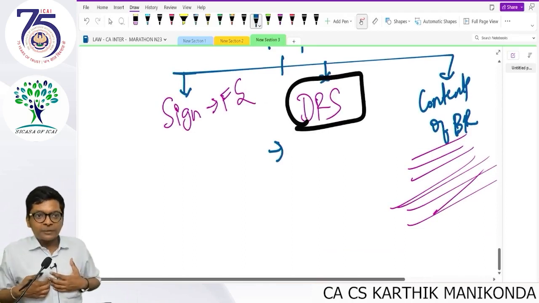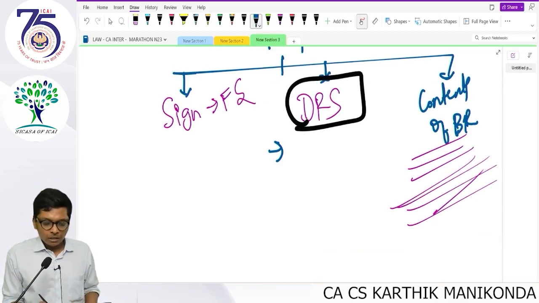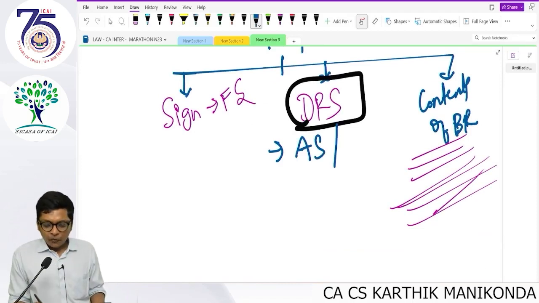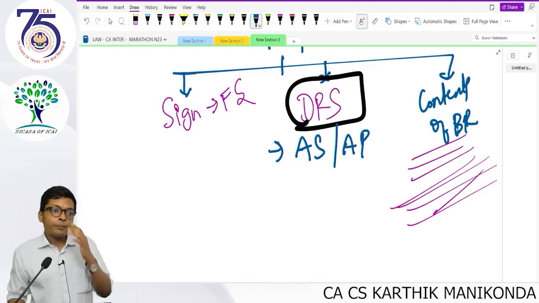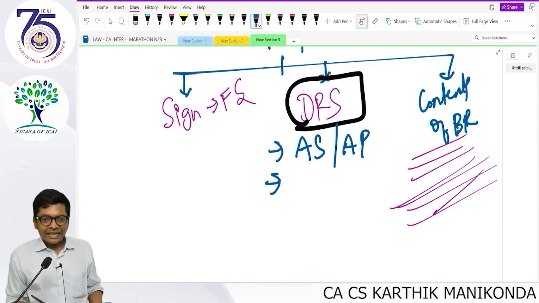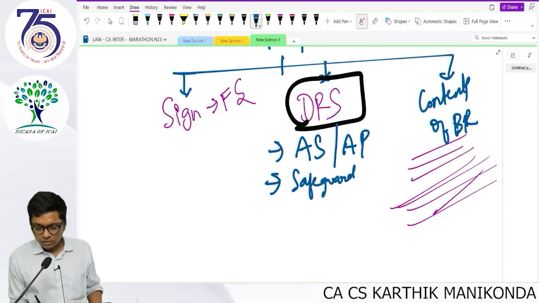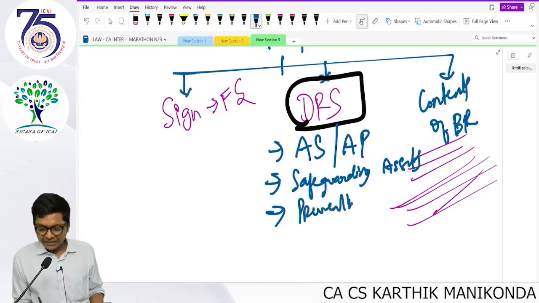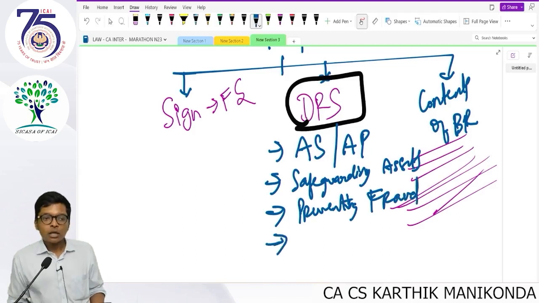Directors are responsible for following accounting standards and following accounting policies consistently. Then directors are also responsible for safeguarding assets. They are also responsible for preventing and detecting fraud.